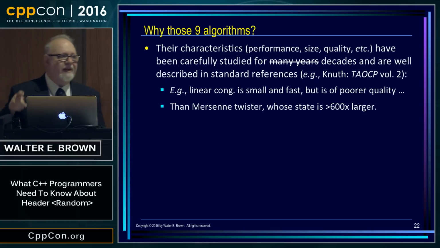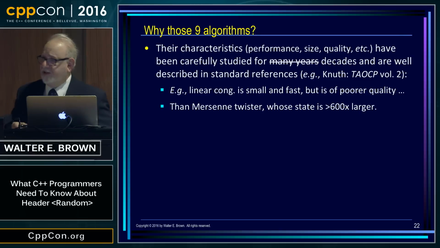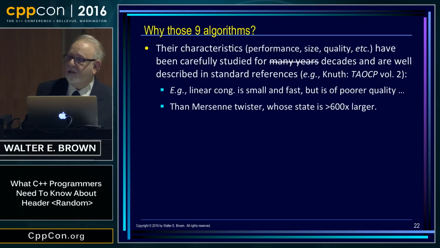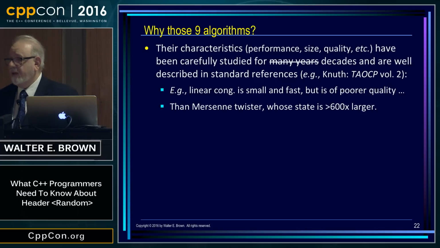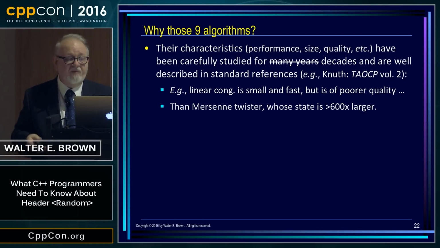So why did we pick those 9 algorithms? Because we didn't want to innovate. And those 9 algorithms are extremely well known. They have reasonable quality. They have widely different characteristics. Linear congruential algorithms, for example, are typically very small and very fast, but they don't give you the greatest quality of randomness.